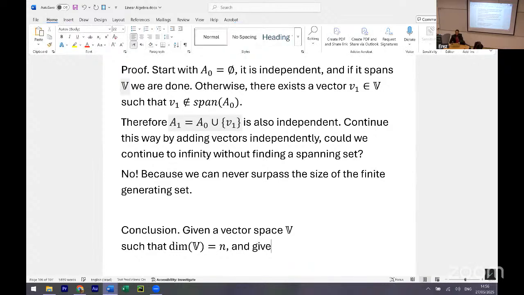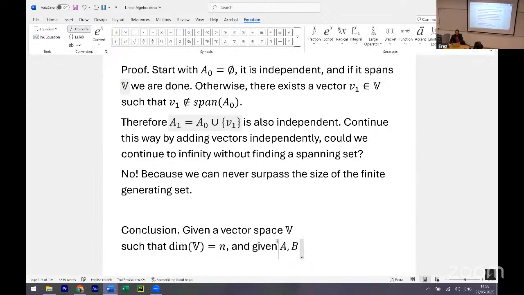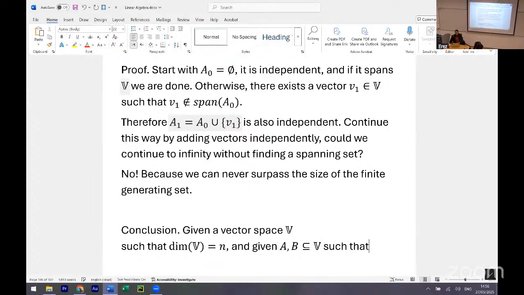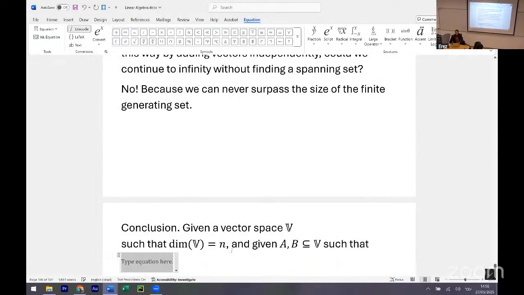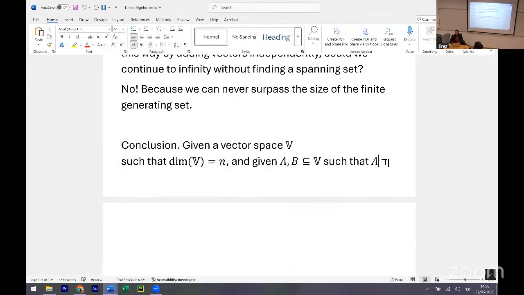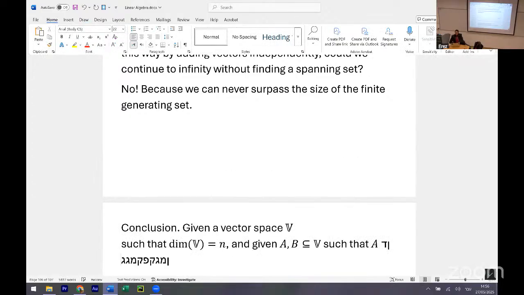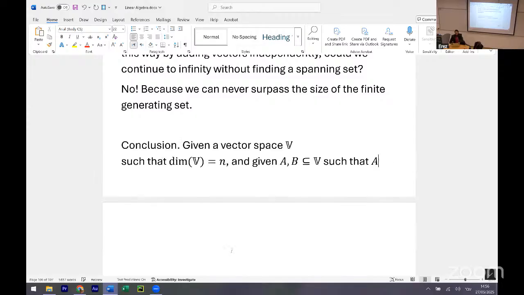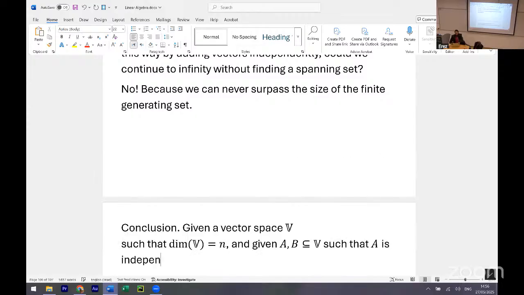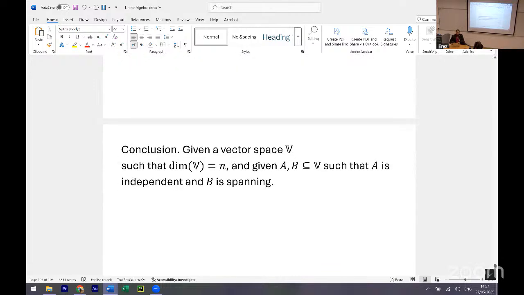And given two sets A, B, which are contained within V, such that A is independent, and B is spanning. What do you think you can say about the sizes?